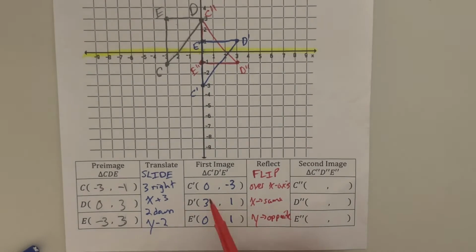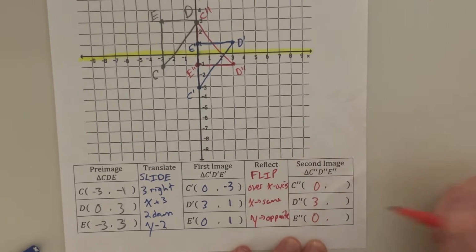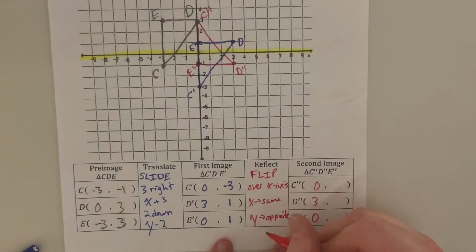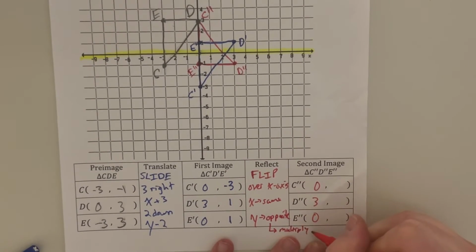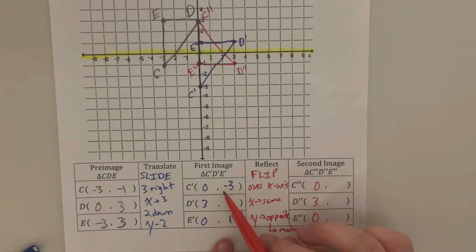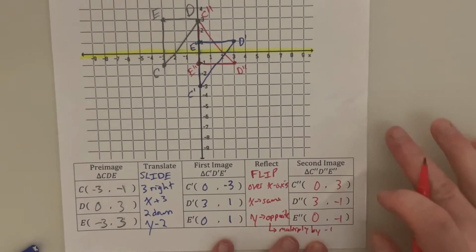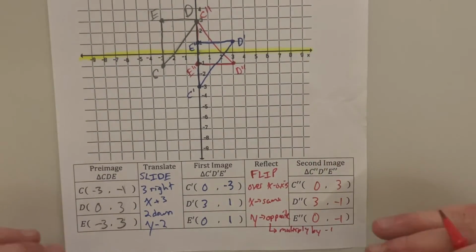So again, copy down your x values, so I have 0, 3, 0 as my x values, and I take the opposite, meaning I multiply each of those values by -1. So I'm saying the opposite of -3 is +3, the opposite of +1 is -1 for both of those points. So again, whether you're working with the graph first or the ordered pairs first, you should still get the same answer.